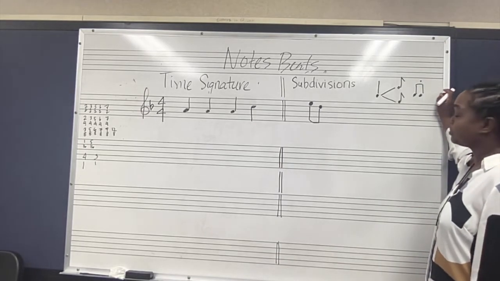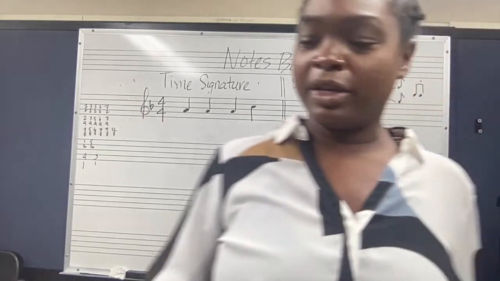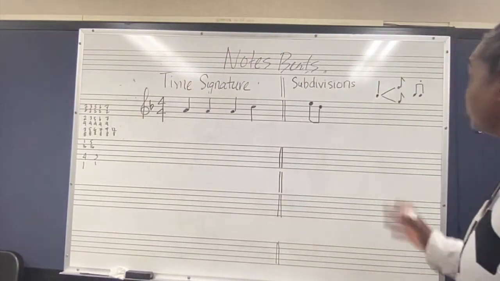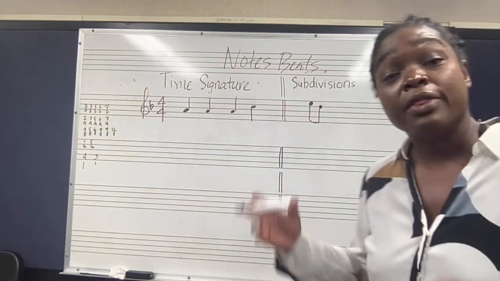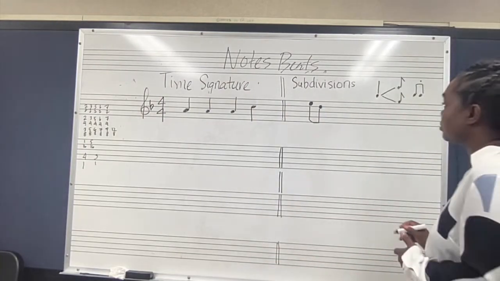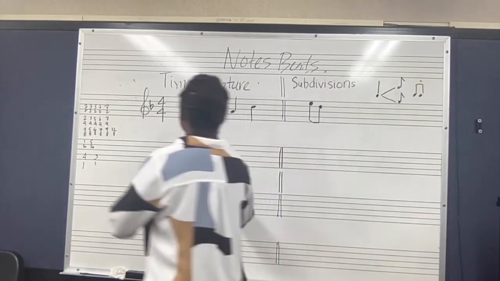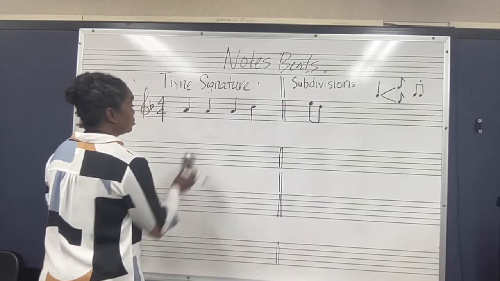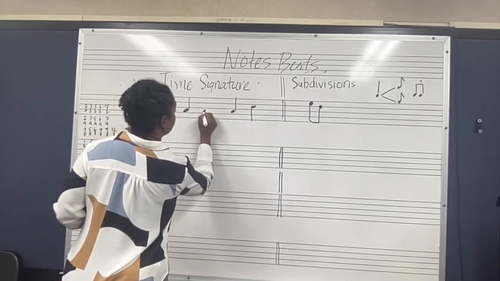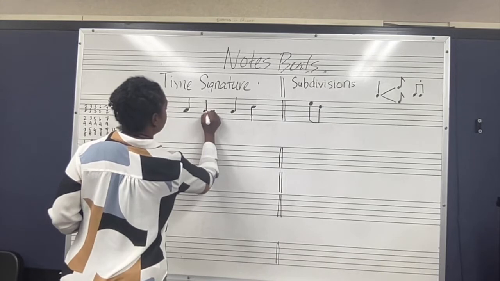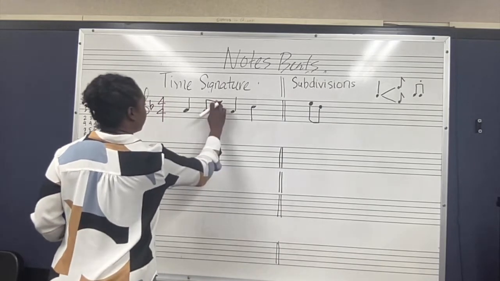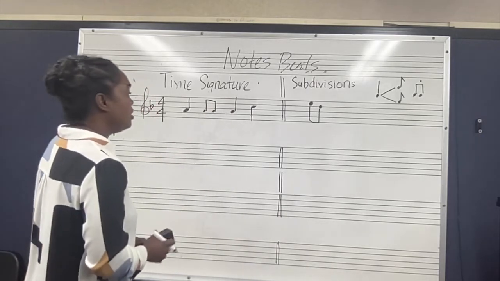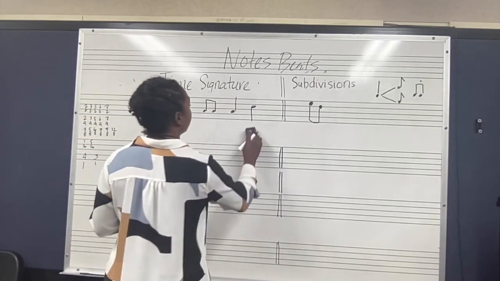You see that? So this is the beginning of my talking about subdivision, and it's very important that you guys understand this concept. I could have easily substituted one of these quarter notes for 2 eighth notes, and it takes up the same amount of space and time. What if I wanted to change another quarter note into something else?